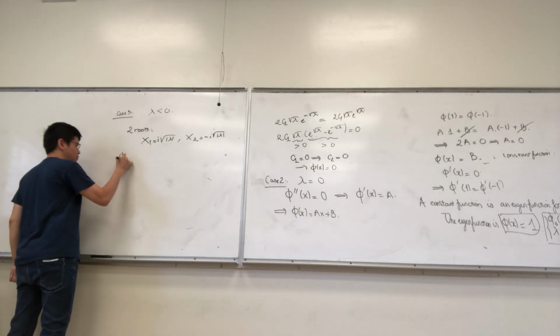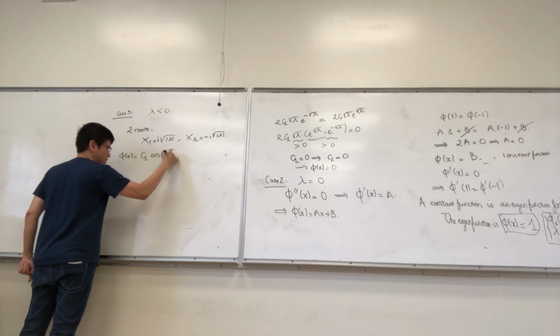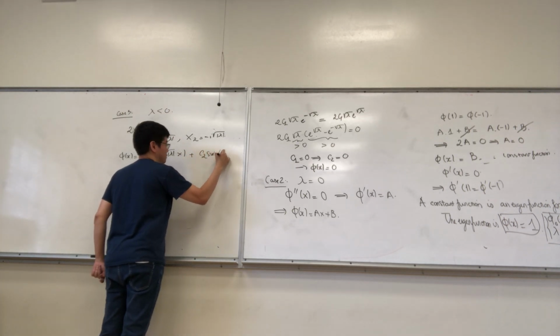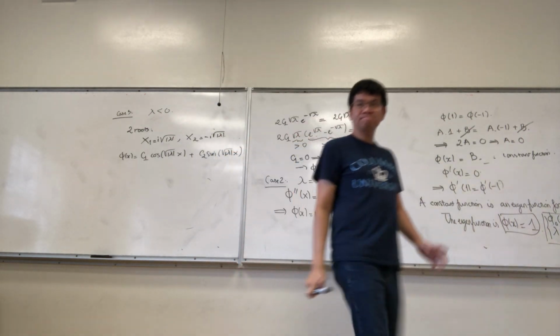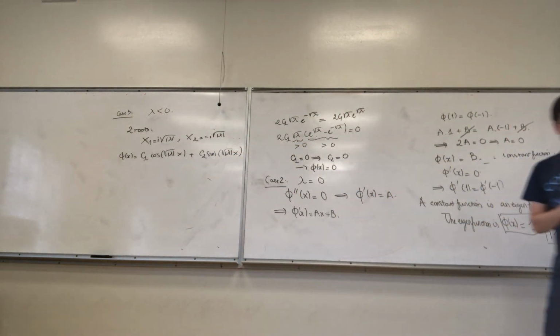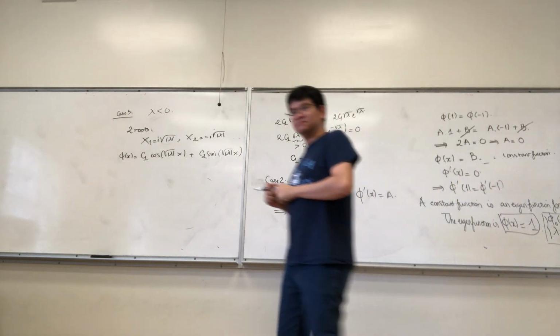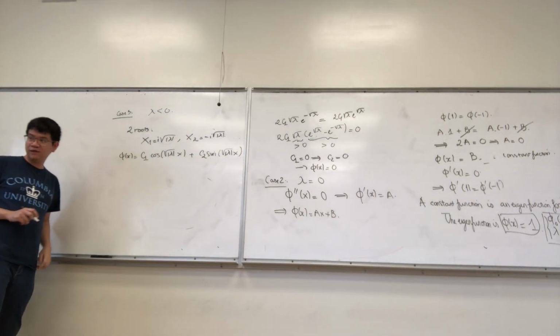So then phi(x) will be C1 cosine of square root of lambda x plus C2 sine of square root of lambda x. What is the next step? Yes? How do you bring in the boundary conditions? You're going to use the boundary condition, right?